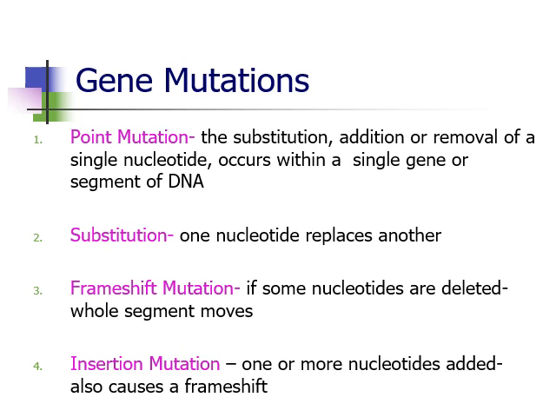A substitution is going to be where one nucleotide replaces another. So one letter, say A, might be replaced by a C. That's a substitution. Sometimes we can have something called a frameshift mutation. That's going to be if some nucleotides are deleted or added in, the whole segment of DNA, the way it's read, is going to be moved.